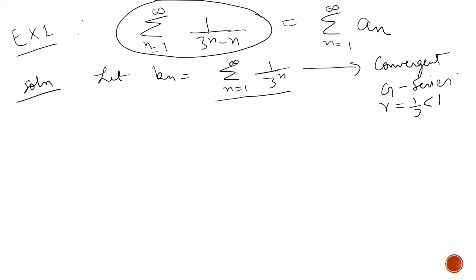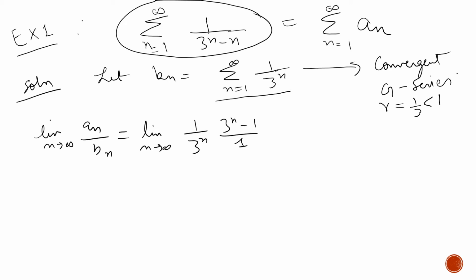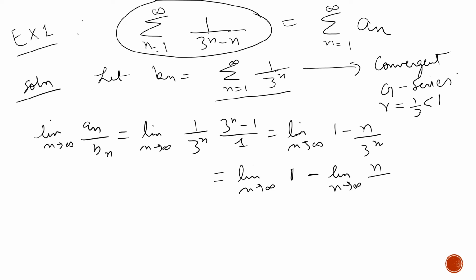So if we choose this bn and we take the limit, which will be equal to the limit n tending to infinity of 1 minus. Now we need to apply the L'Hopital rule to find its limit. So this will be the limit n tending to infinity of 1 minus the limit n tending to infinity of n over 3 to the power n.